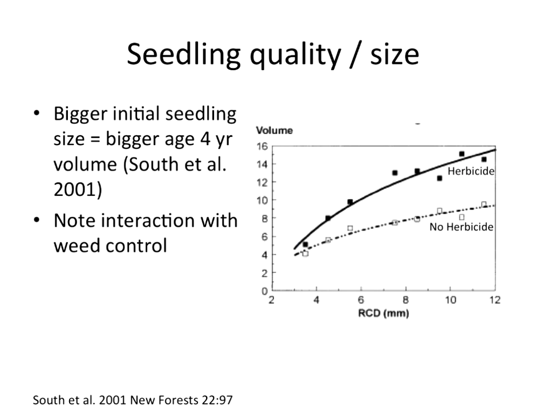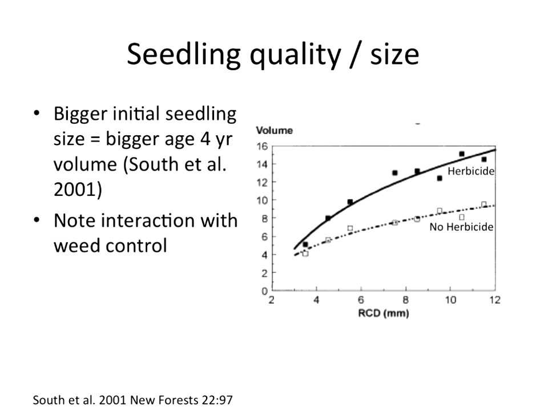So let's talk about some of those precautions or things you can do to hedge your bets. One of them is seedling quality, which really to a large extent is related to seedling size. David South with the Nursery Co-op has done a lot of work on initial seedling size, and he has lots of data that show that the bigger seedling you put in the ground, the bigger those trees will be even years down the road.